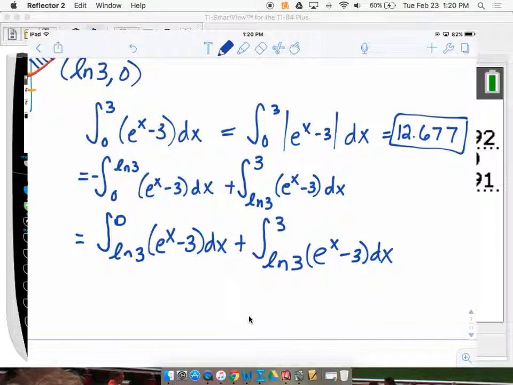Did you remember to put the absolute value in? So instead of having to break all these things up, we can go right to that. You did get that.